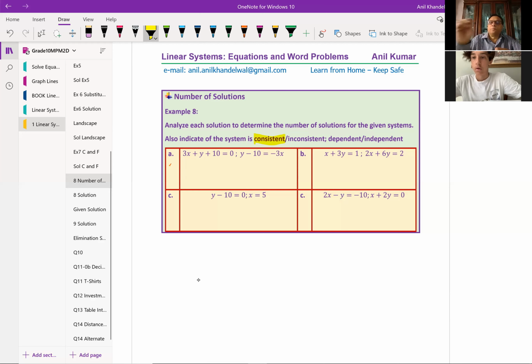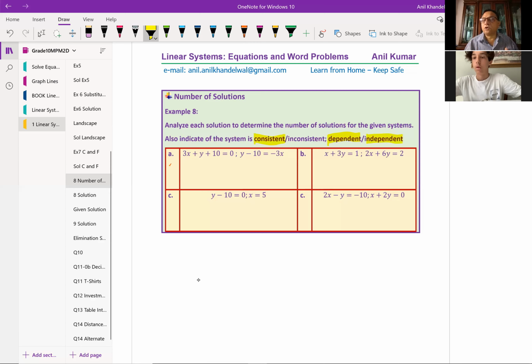Now, solution could be they can intersect at one point, or they could overlap at all the points. If they intersect at one point, then we say they are independent. If they intersect at all the points, then it is dependent. Now, if they have different slope, they will definitely intersect, right?